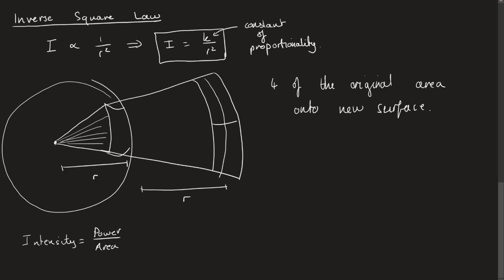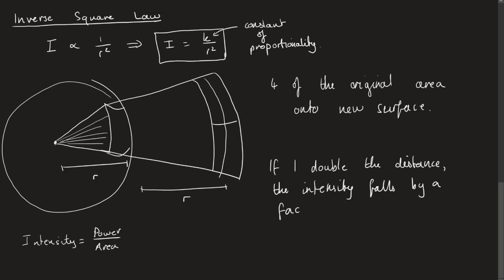So the power is the same, but now the area is 4 times as big, which means actually I've decreased my intensity by a factor of 4 by doubling r. And this is really what the inverse square law is. If I double the distance, the intensity falls by a factor of 4.